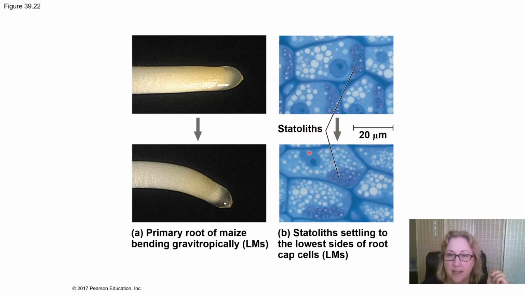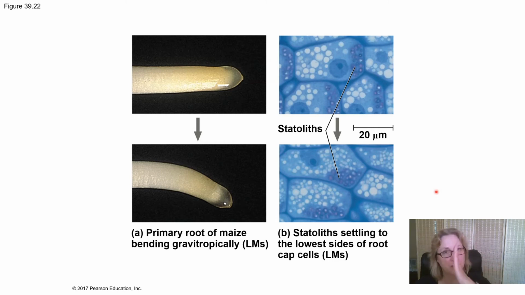So statoliths, this lith just means rock. So we now know that these are specialized plastids, but you can see them with the electron microscope images here. Stato means they're detecting position. So they sink to the bottom of the cell, and that helps the cell know which way is down. So if it's a root, it's going to go down.